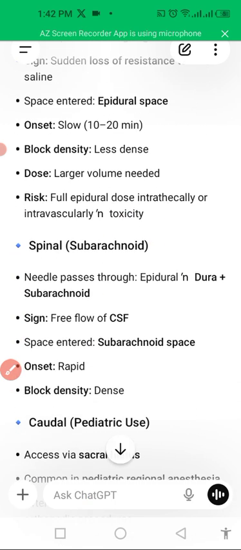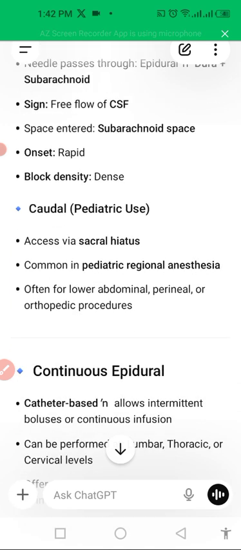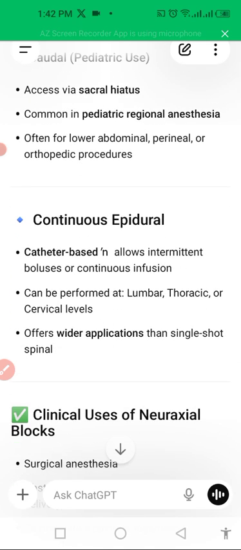So we have to take care whether fluid is coming out or not. If there is no fluid, we are in the epidural space. If there is fluid coming out of the needle, that means we are in the subarachnoid space. So this is the difference between the epidural and subarachnoid space.